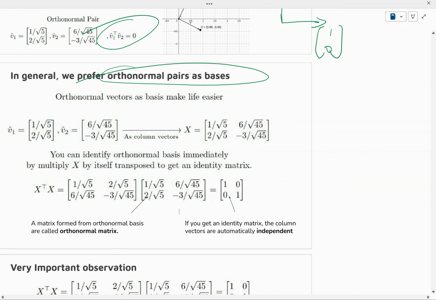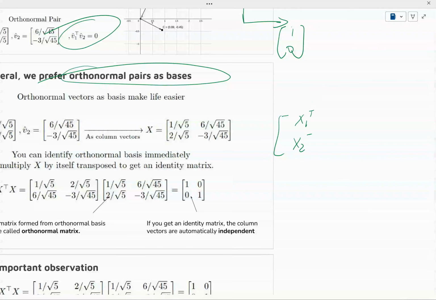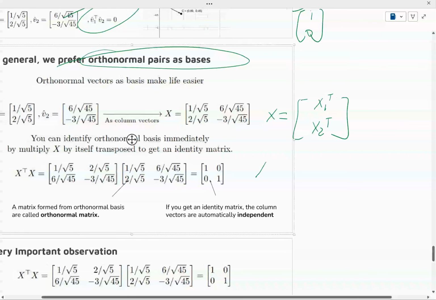You can see why, right? X is equal to X1 transpose, X2 transpose. Did I do this right?